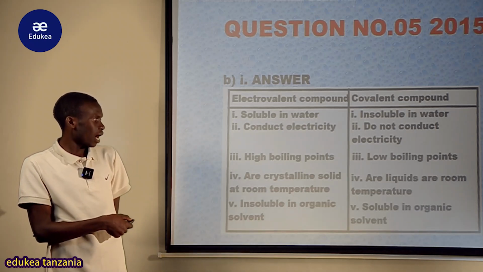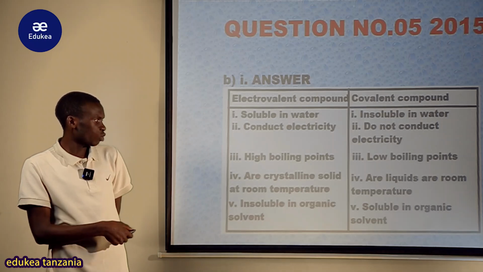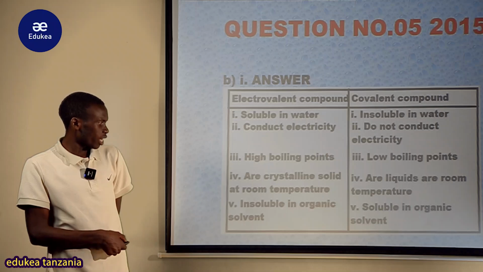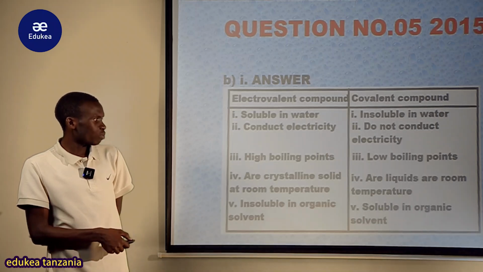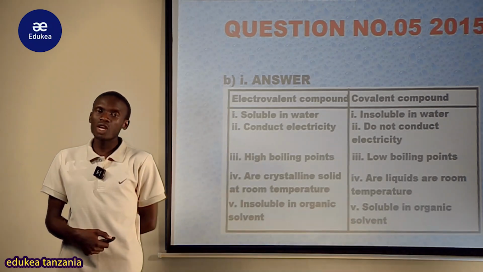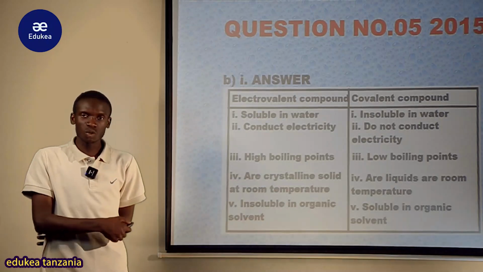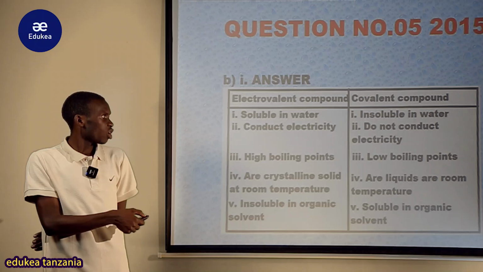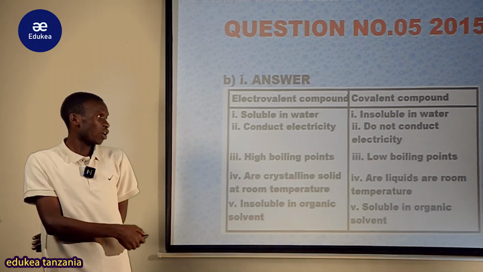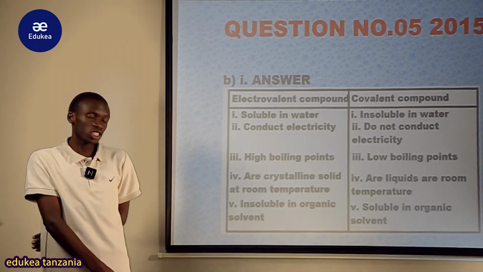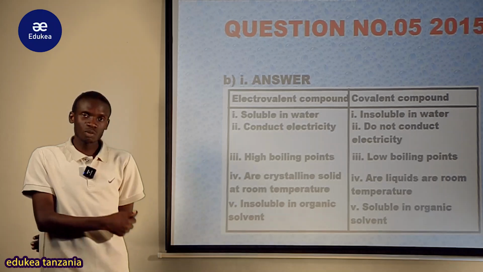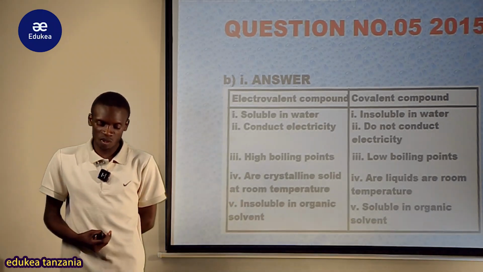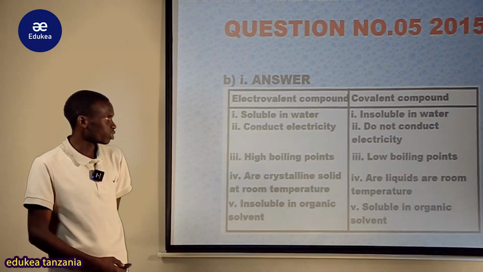Also, electrovalent compounds are insoluble in organic solvents, while covalent compounds are soluble in organic solvents. Then there is melting point, high versus low. So this is the difference between covalent and electrovalent compounds.